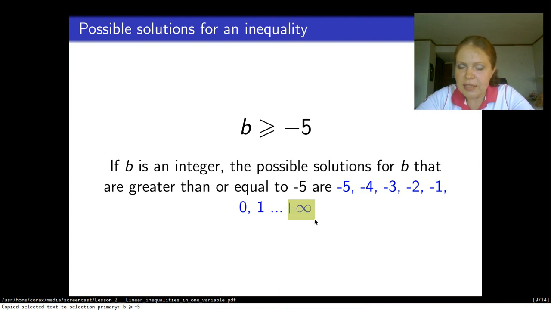Positive infinity, this sign shows you really big numbers. As I said already, on the number line, they are the most right numbers, positive numbers, because we can count. There is no final number. We can count numbers forever.